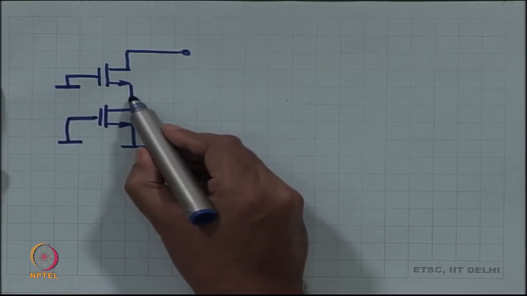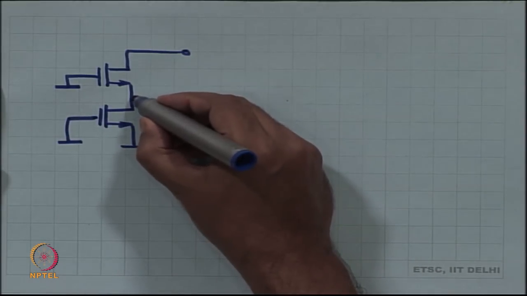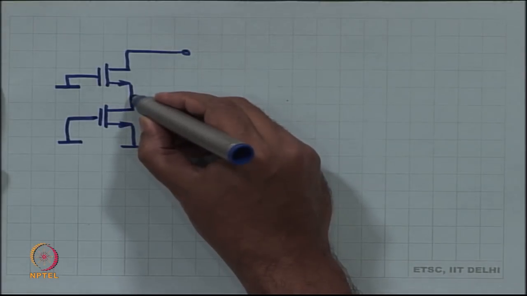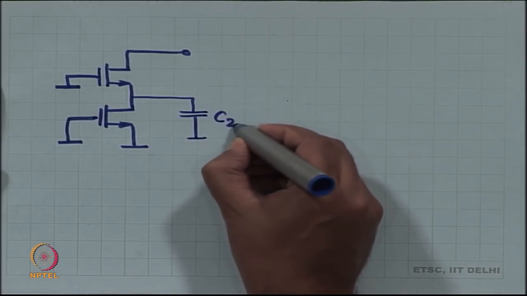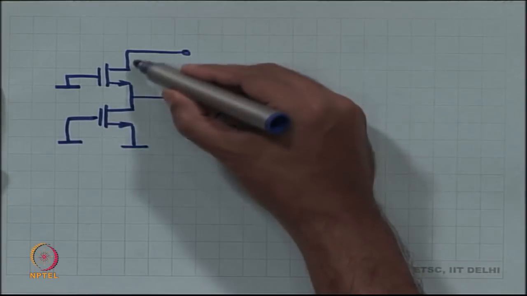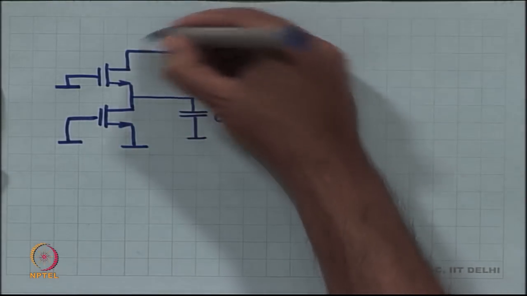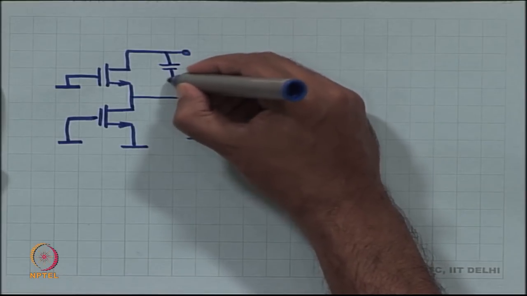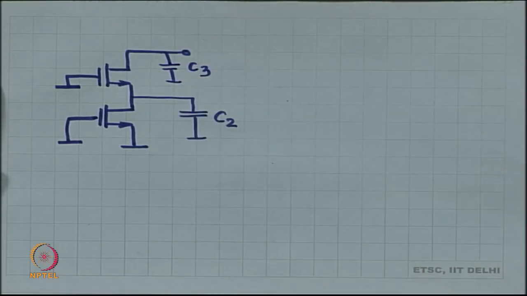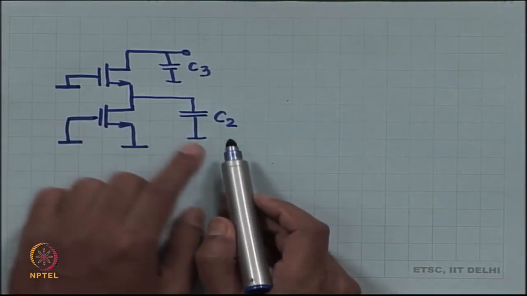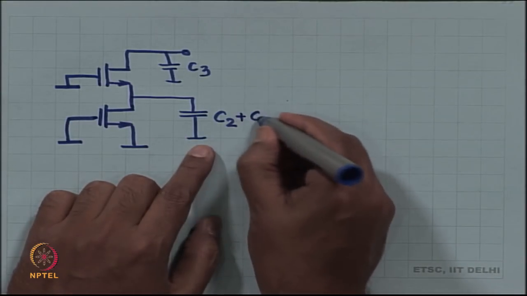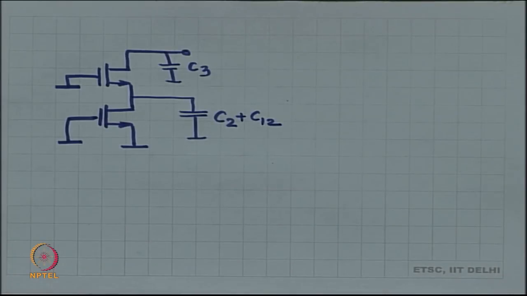One was C12, one was C2, and I had C3. Okay. So, C12 is going to now come in shunt with C2. So, instead of writing C2, you can write C2 plus C12. Fine, this is easy.